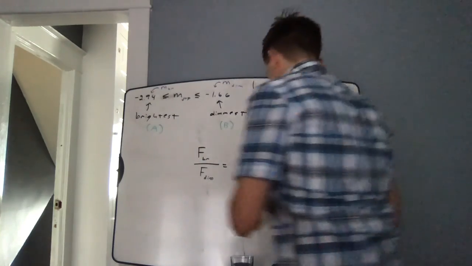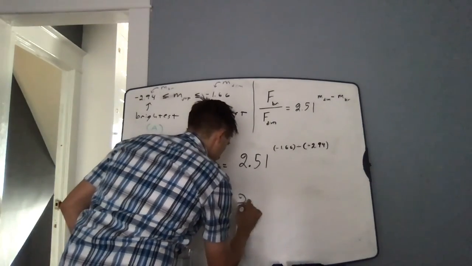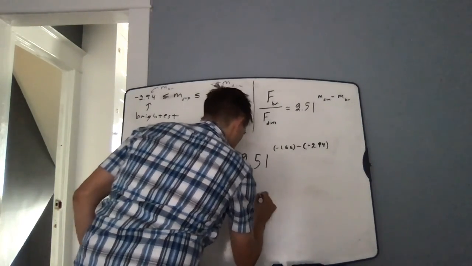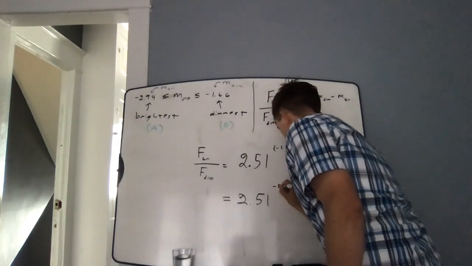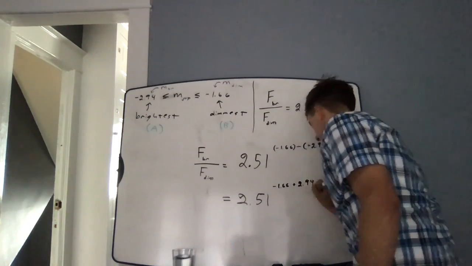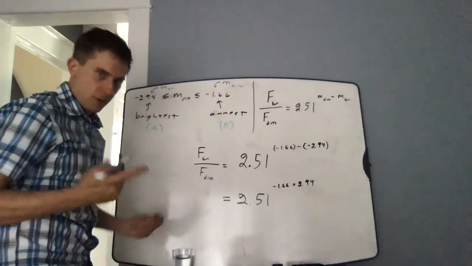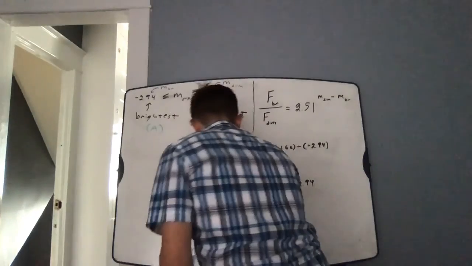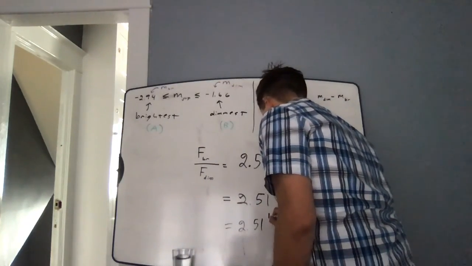So this side is essentially written as 2.51 raised to the power of negative 1.66 plus 2.94. When I add those two numbers together, I get 1.28. So I get 2.51 raised to the 1.28.